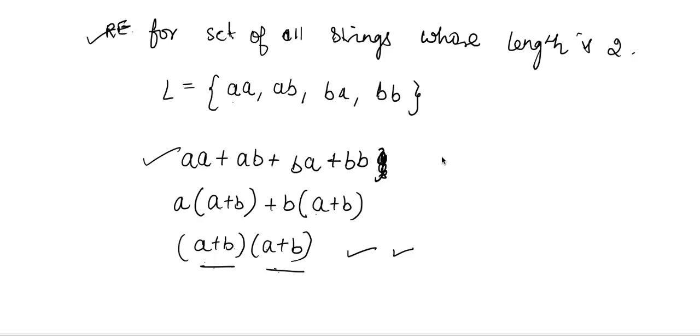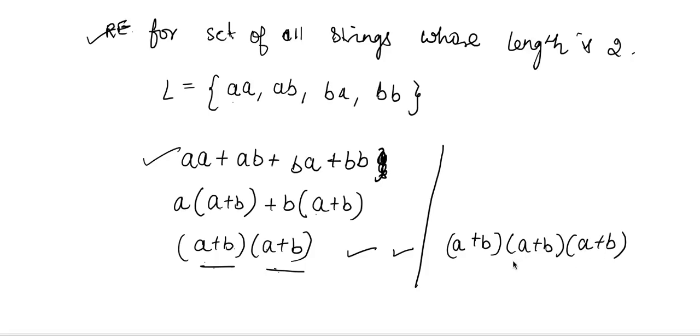Let's suppose we want the regular expression for length 3. It becomes (a+b)(a+b)(a+b). We have length 3: either a can come or b can come, either a can come or b can come, either a can come or b can come.